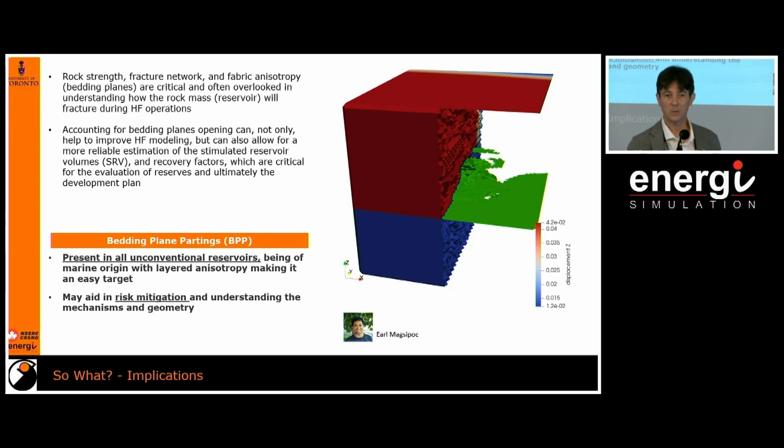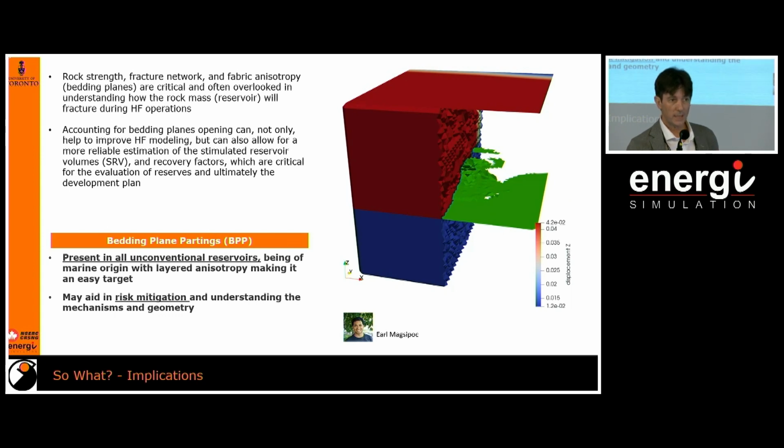We need a strength number associated with the bedding planes and with the intact rock. This is going to be key if we want to model successfully hydraulic fracture operations and injection of any type of fluid, CO2, hydrogen, water disposal, in underground formations.